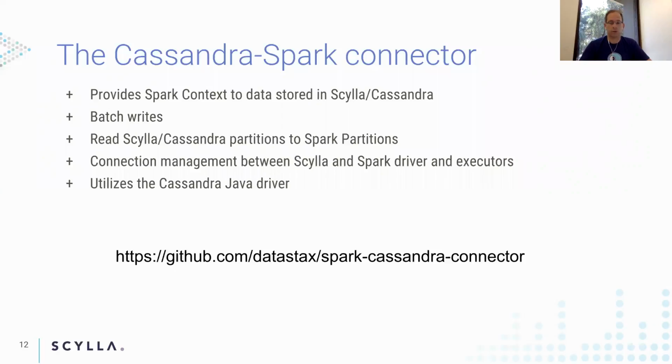Every executor will create a single connection between the executor node and the Scylla cluster. That can lead to less efficient communication between the executors and the Scylla node. So we will talk a little bit about the architecture, how to deploy a more efficient Scylla-Spark cluster from our perspective.